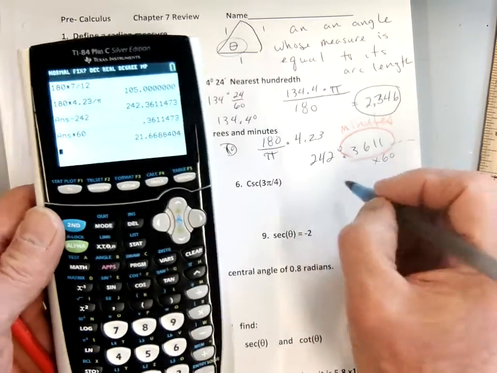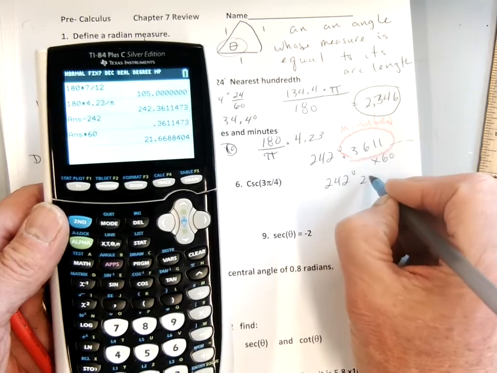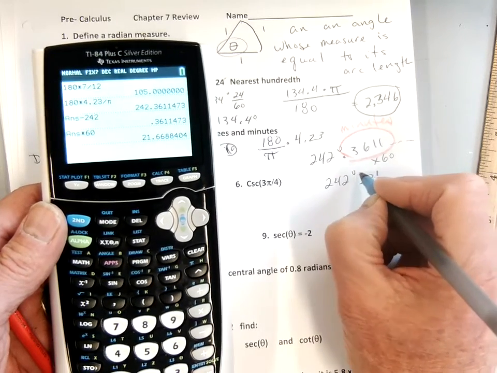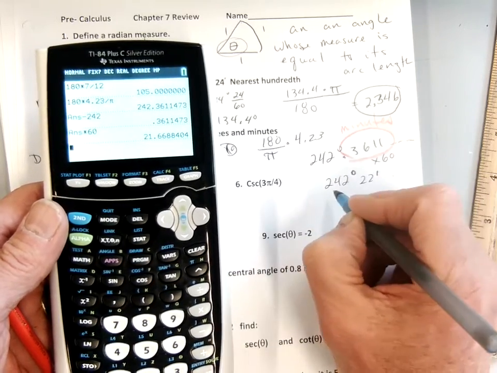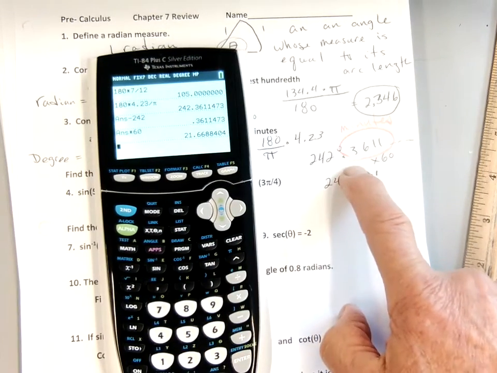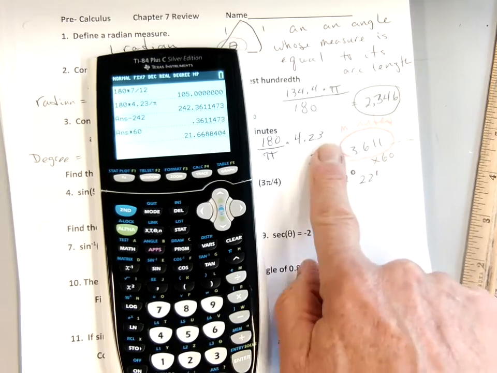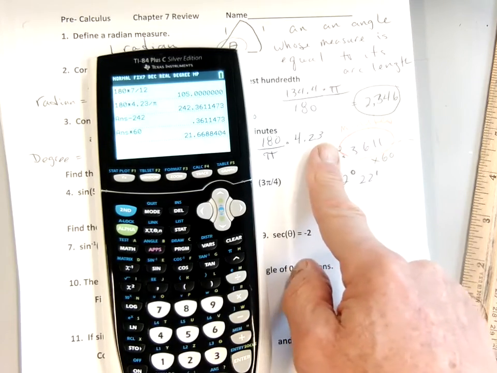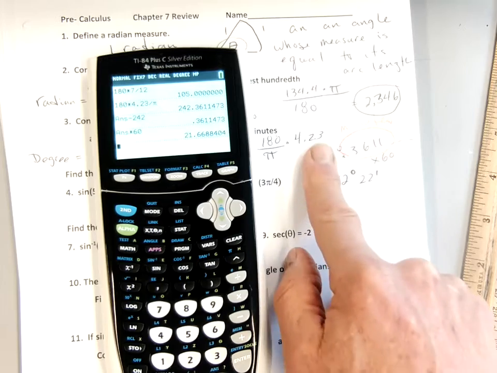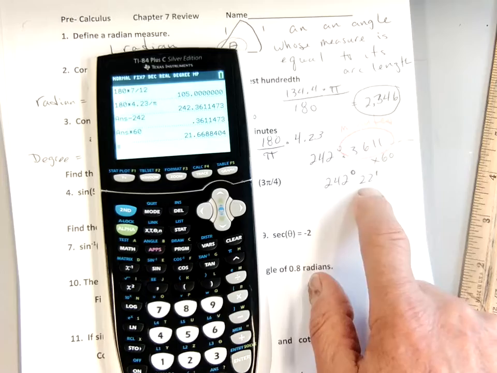So I'm going to have 242 degrees and about 22 minutes. Okay, so I use the formula. I got a degree with a decimal. I wanted the decimal times 60, so I just used my calculator to subtract out the 242, multiplied the decimal by 60, and I got about 22.